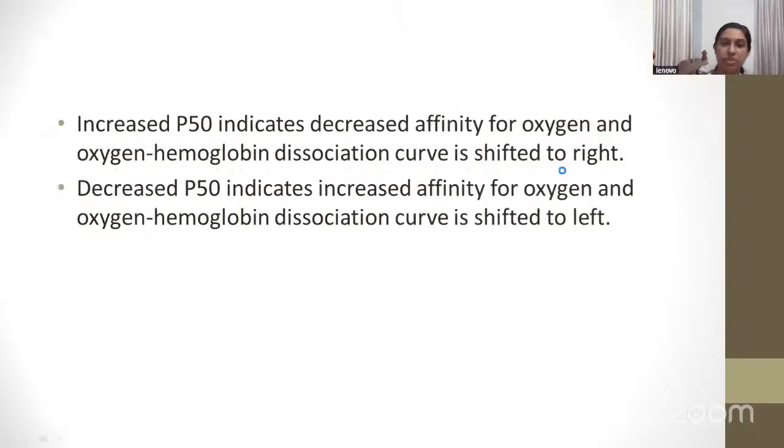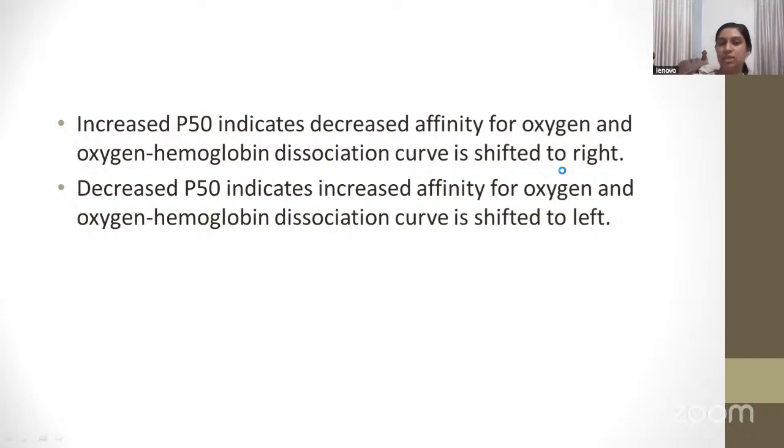So, an increase in P50 indicates decreased affinity for oxygen, i.e. when more oxygen is needed to saturate the hemoglobin to 50%, that means the affinity of hemoglobin towards oxygen is reduced.